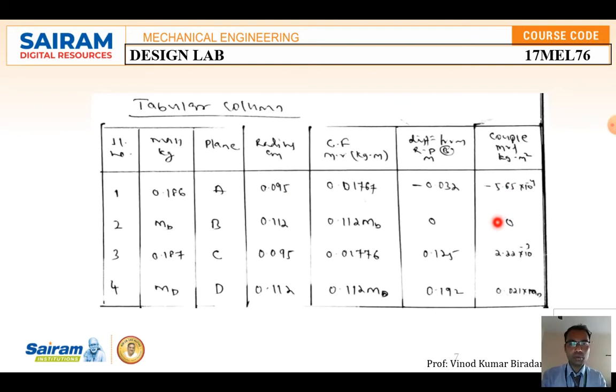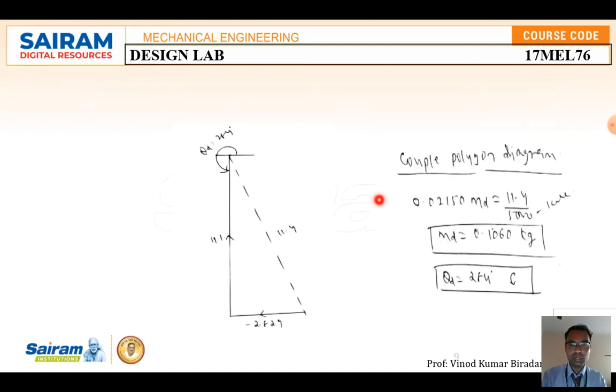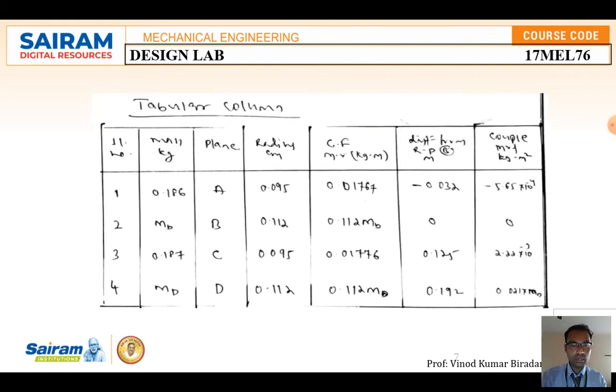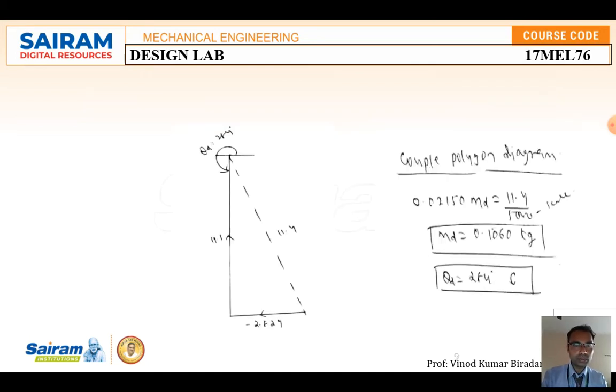Couple polygon, 0 to A is equal to minus 5.65 into 10 to the power of minus 4. You draw that here. If you divide this you get minus 2.829.